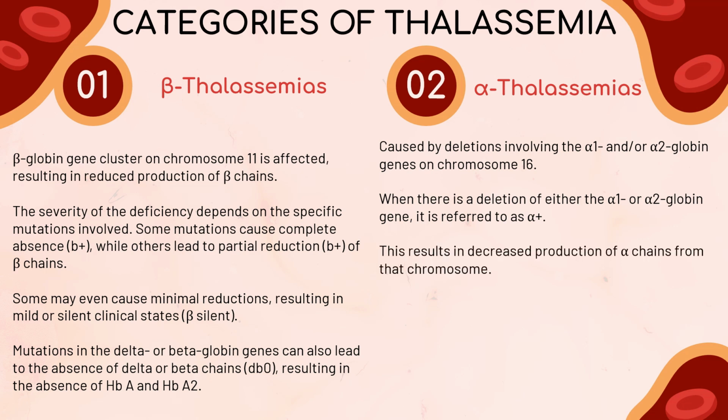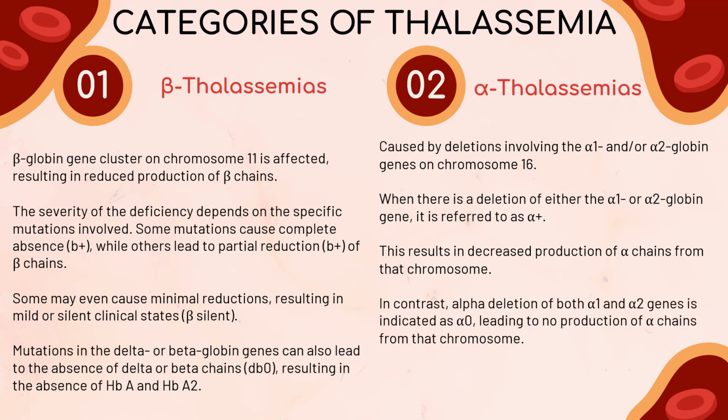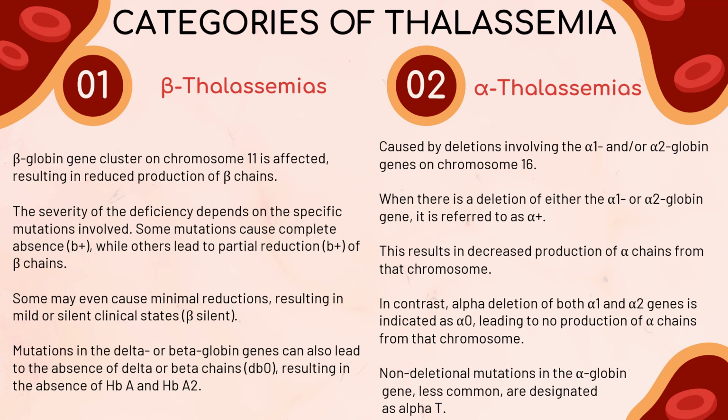This results in decreased production of alpha chains from that chromosome. In contrast, deletion of both alpha-1 and alpha-2 genes is indicated as alpha-0, leading to no production of alpha chains from that chromosome. Non-deletional mutations in the alpha-globin gene, less common, are designated as alpha-T.